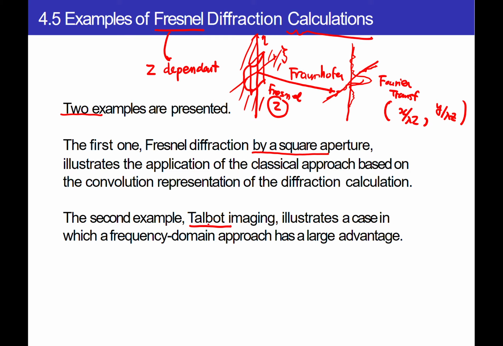Talbot imaging repeats itself without any imaging optics, without any lens or any other complicated imaging system. In the special case, by simple Fresnel diffraction, you can get the exact replica, the exact copy of the aperture plane image.